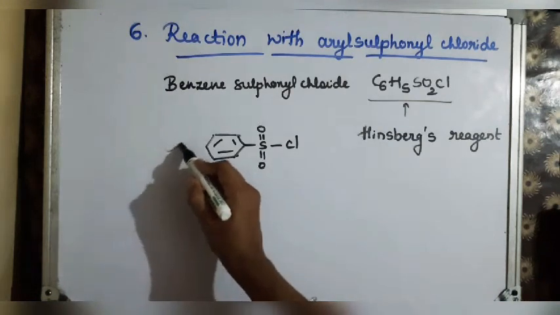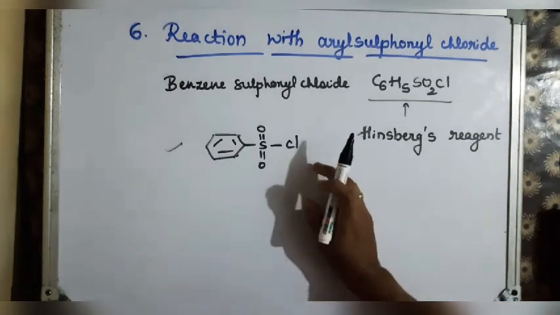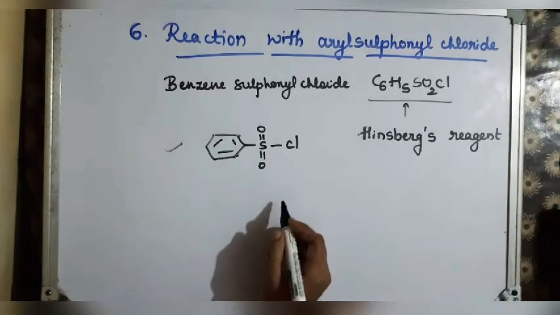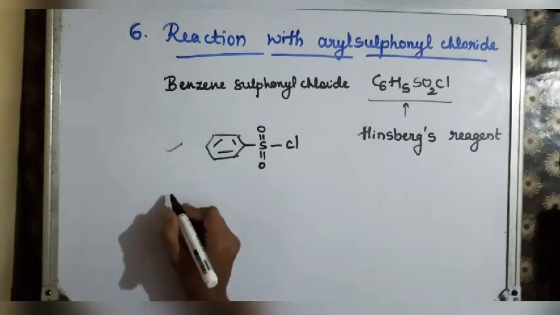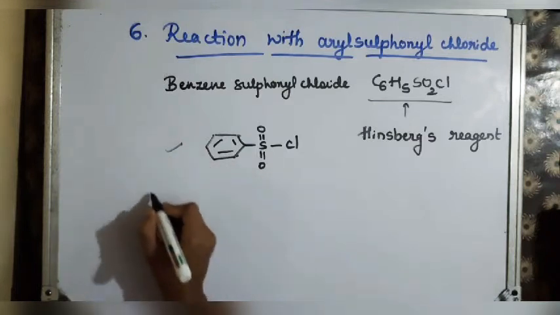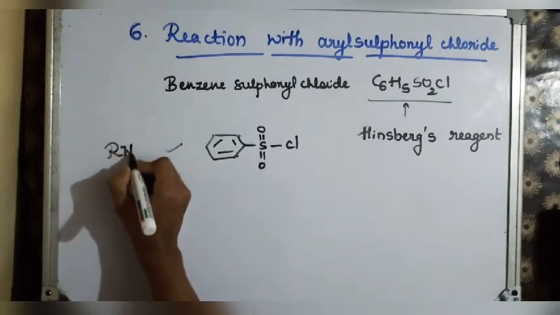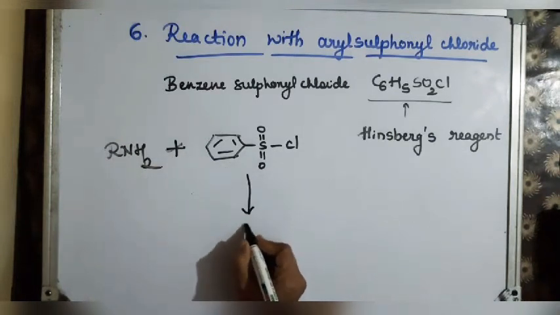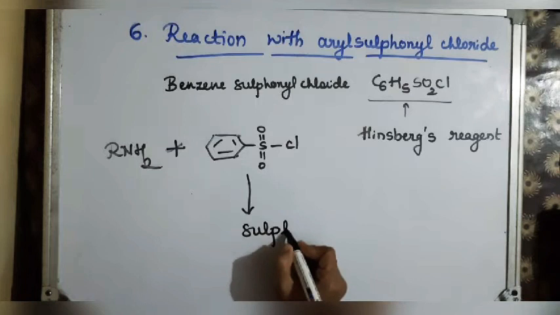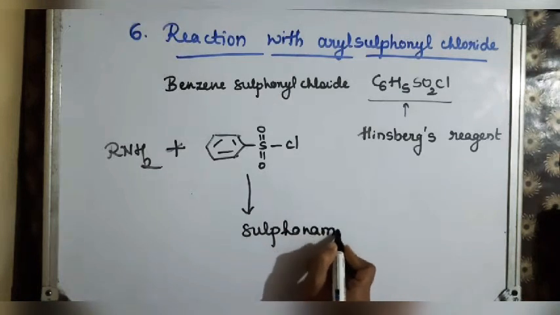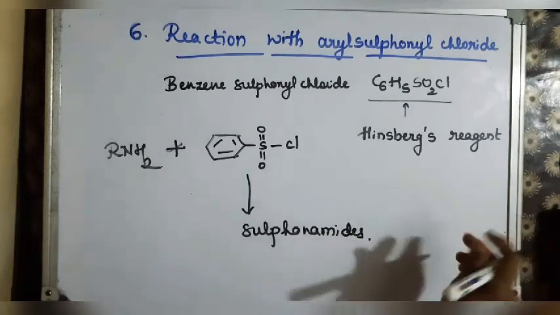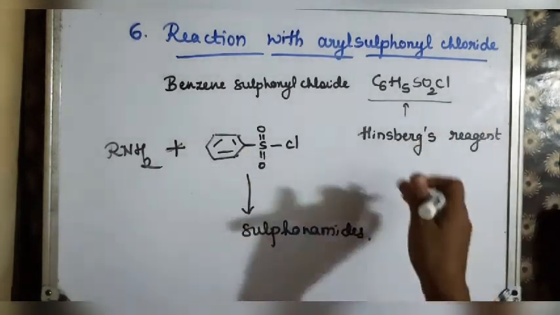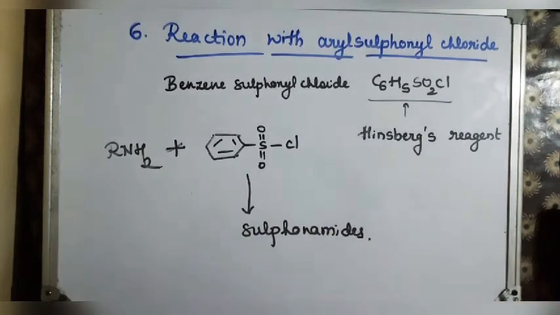And when amines react with benzene sulfonyl chloride, it gives respective sulfonamides. Sulfonamides are formed as a product. We will see the examples now with respect to primary and secondary amines.